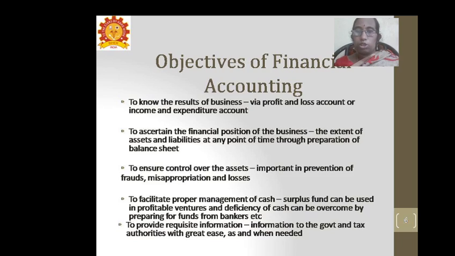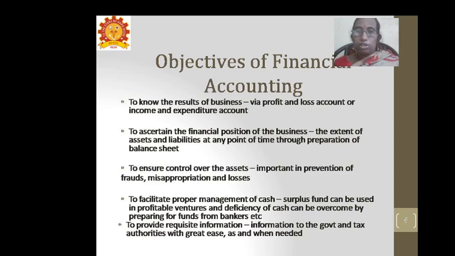There are various objectives of financial accounting. The first objective is to know the results of the business, whether the profit and loss, or the income and expenditure account, and we also have the balance sheet. The profit and loss ascertains the various expenses and incomes incurred by the business, so that from the final output we are able to find out the profit or the loss of the business.